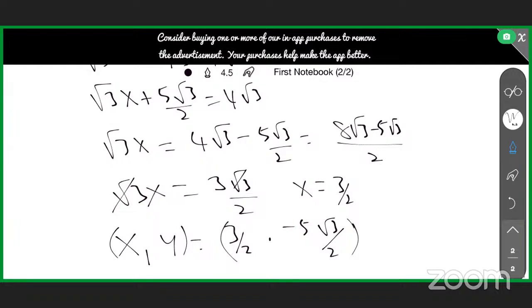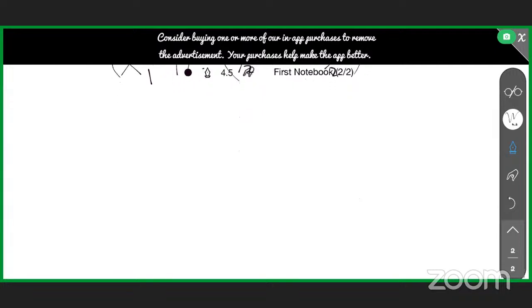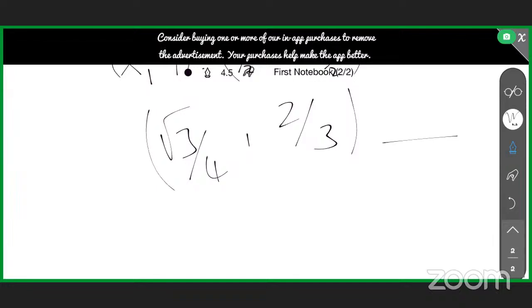Next question. If the axes are rotated through an angle of pi by 6 radians, the coordinates root 3 by 4, comma 2 by 3 will become dash in the new system.